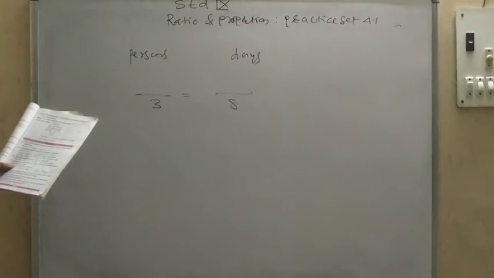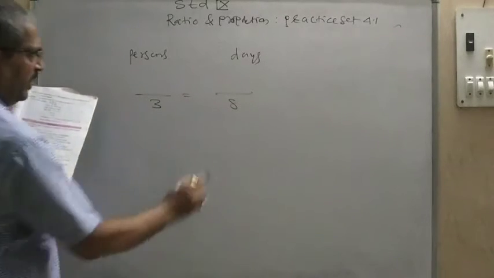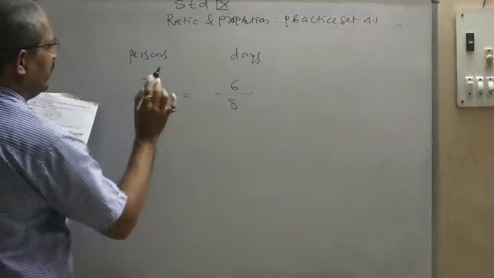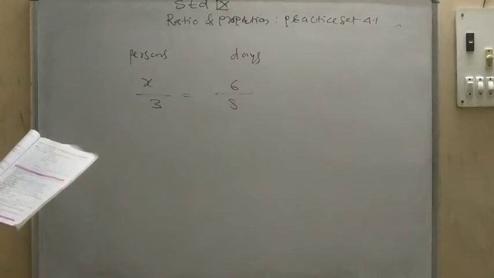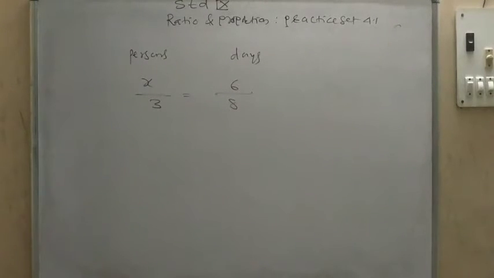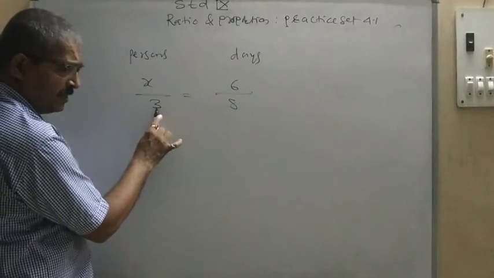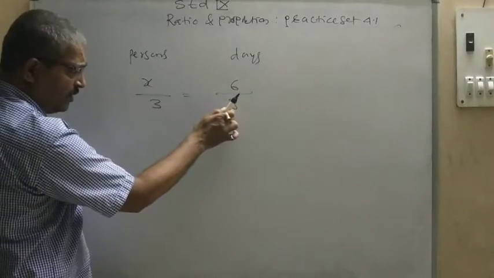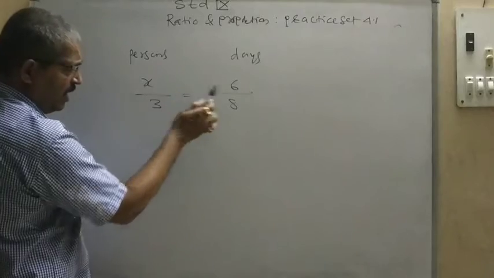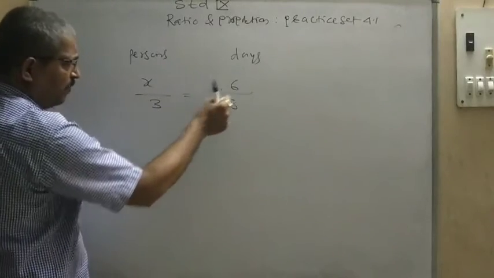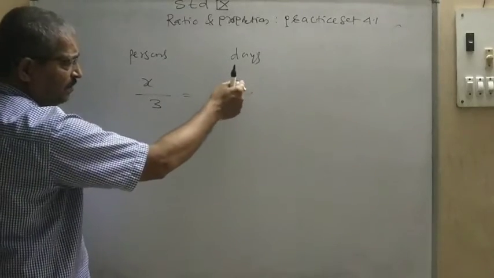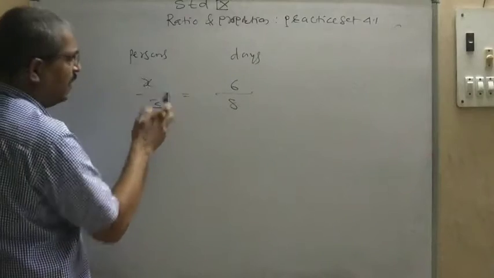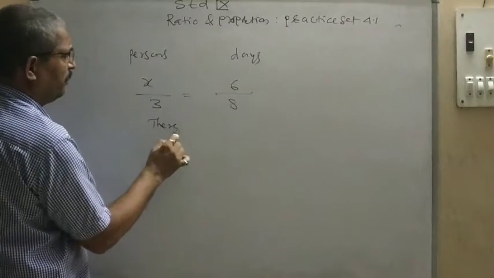Then to build the same house in 6 days, how many persons are required? 3 persons, 8 days. Now the number of days is reduced, means the number of persons should increase, means there is an inverse ratio.